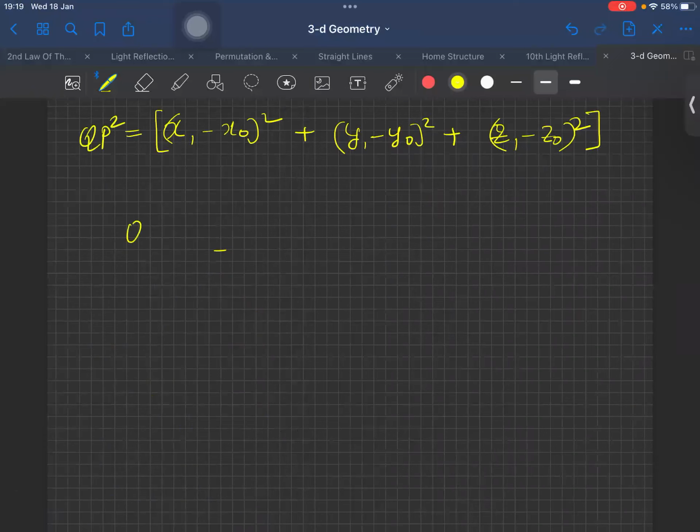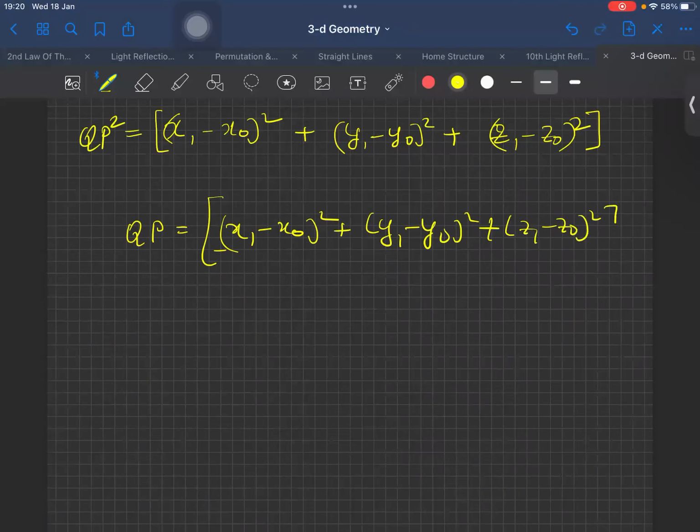So QP will be equal to the square root of x1 minus x naught square plus y1 minus y naught square plus z1 minus z naught square. That's what we have been using as the distance formula between any two points in space.